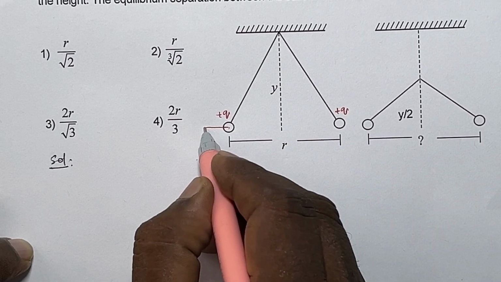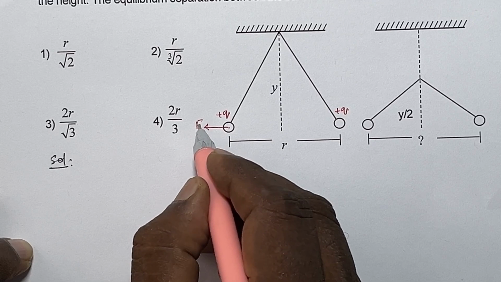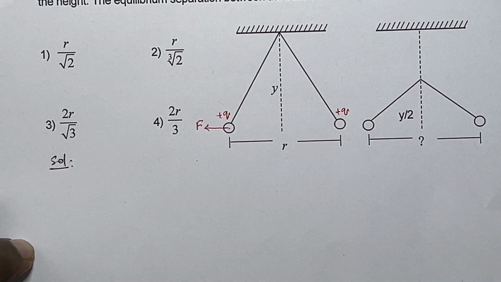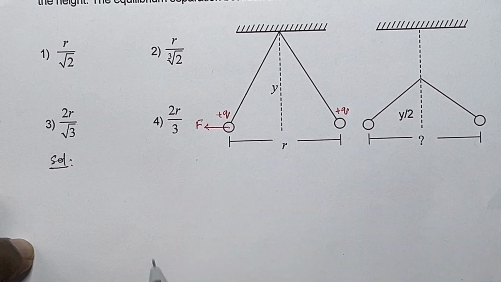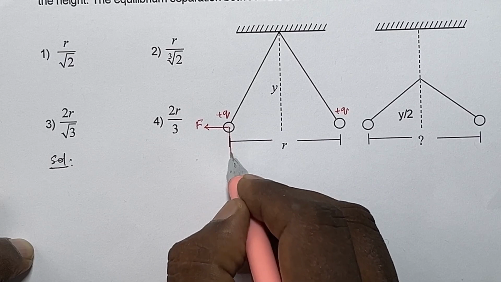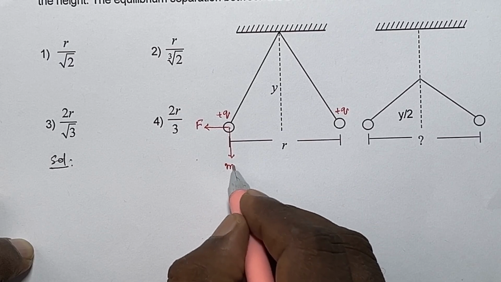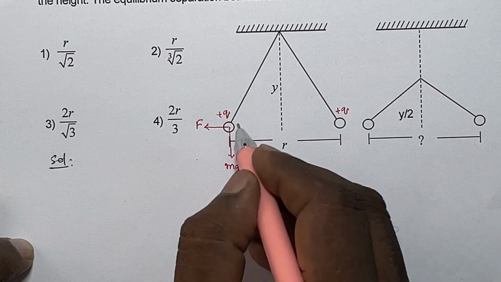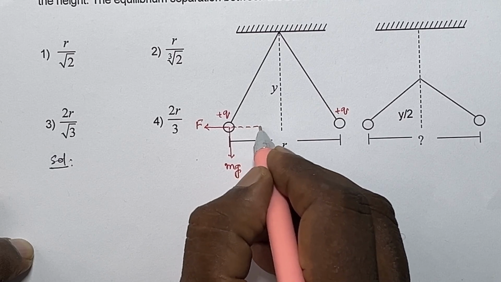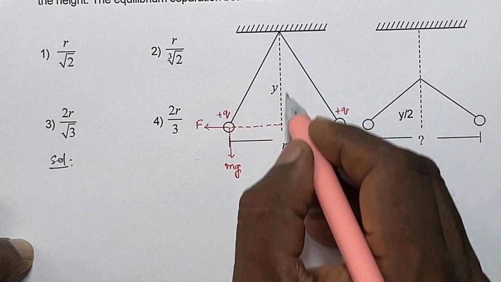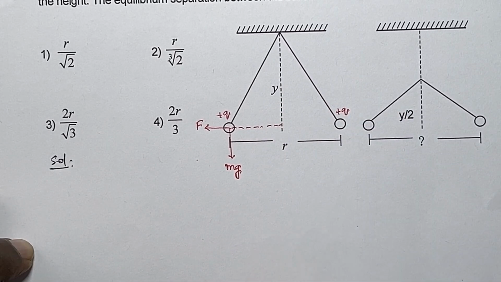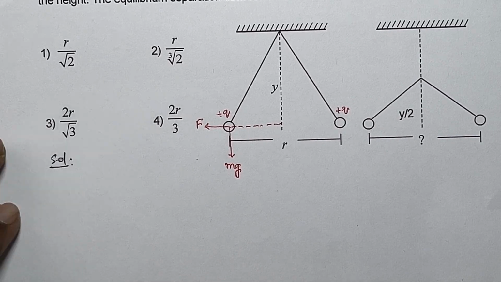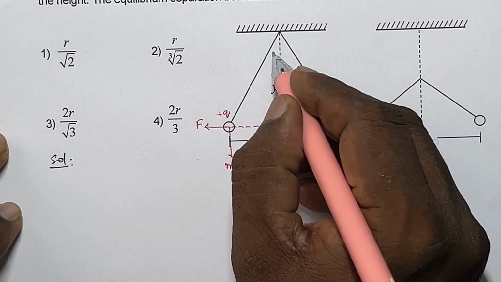In this direction, the Coulombian repulsive force is acting on this one, and vertically downwards its weight is acting. So if we draw a line here, this is a normal. So this is theta.